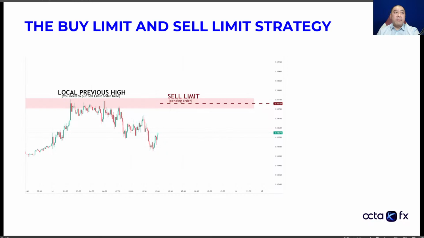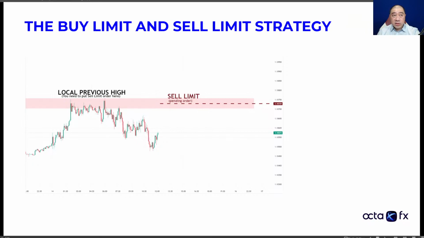For example, if we expect the upper range to be a resistance and we want to short it there, we can wait until the market goes up and then trigger that trade. This is ideal if you need to step away from your computer, or you are unable to monitor your trade. You can anticipate where the resistance is likely going to be. You need to be able to do your technicals properly.